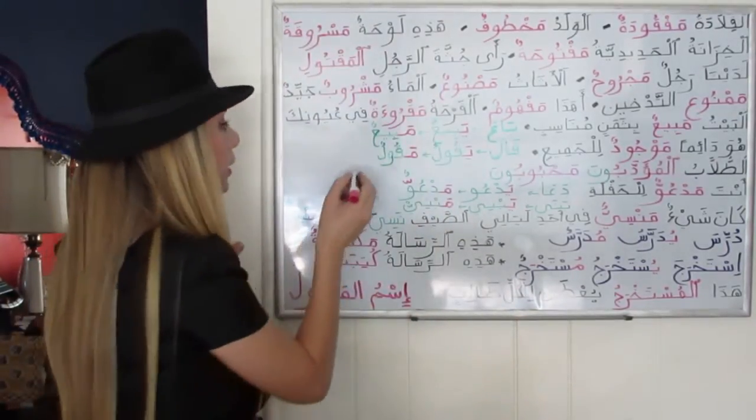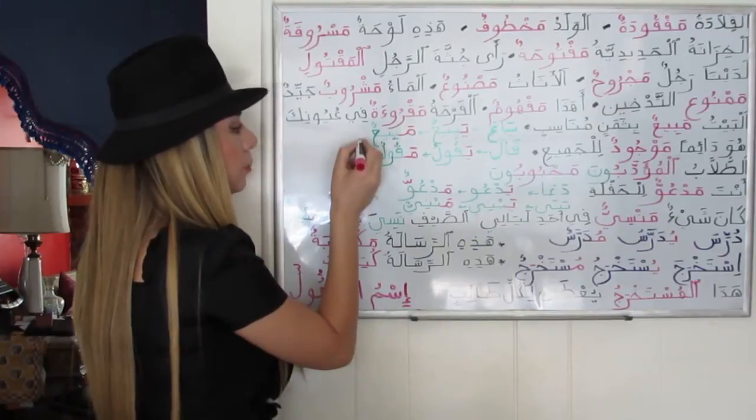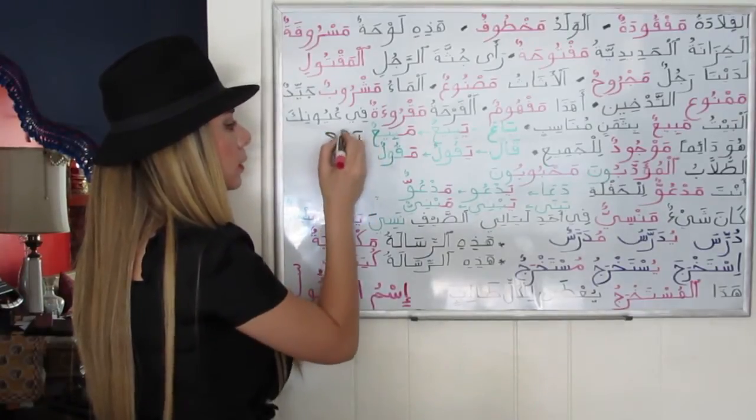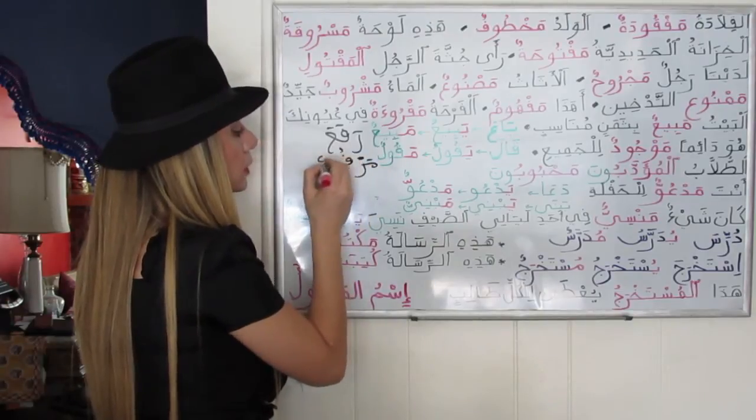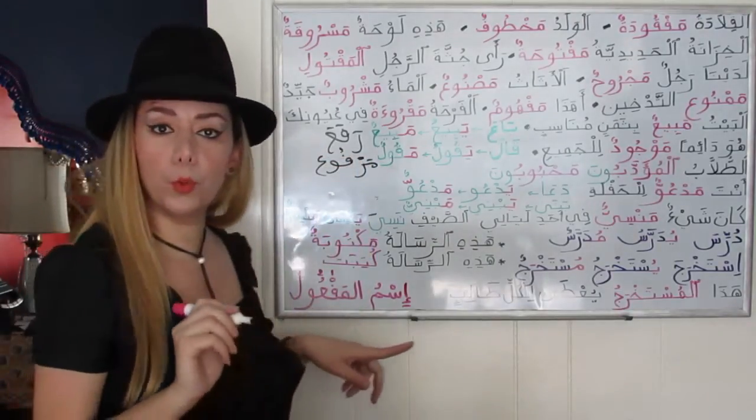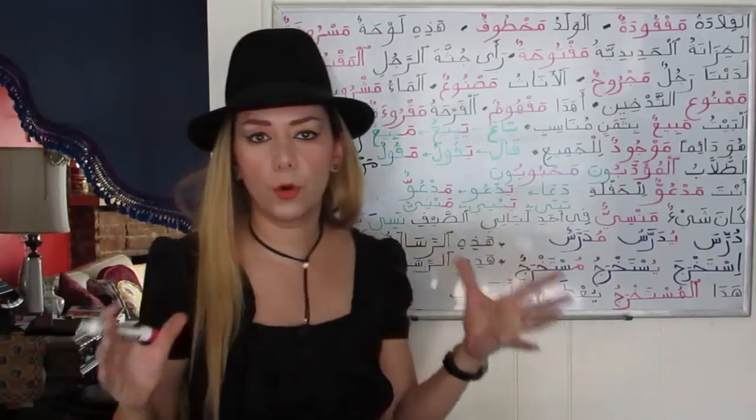مرفوع, nominative case. مرفوع is the passive participle of رفع. رفع, مرفوع. This is from the pattern مفعول. رفع, it's from one sound verb. رفع, normally to lift. Okay?